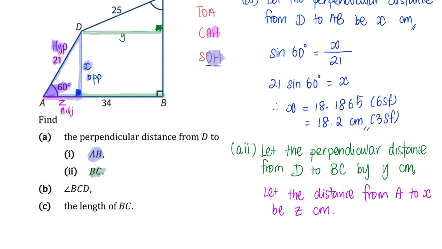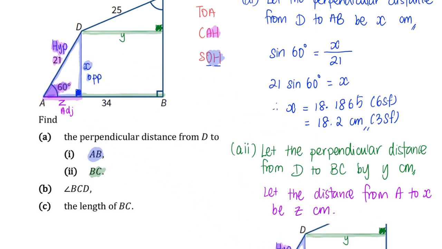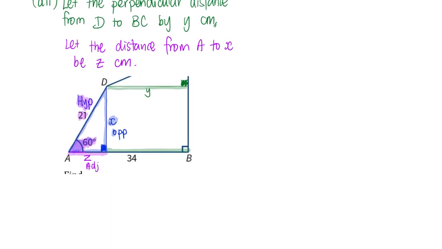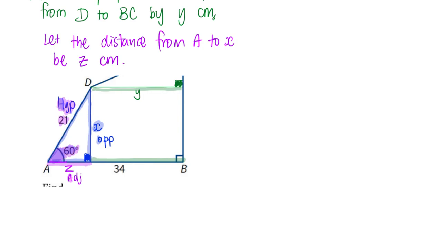And to make life easier for us, I'm going to just cut this out and place it here so that we could focus on this. And everybody can see, makes it easier. So cosine 60 degree is equals to adjacent Z divided by my hypo 21. So I will be able to get my Z pretty easily.